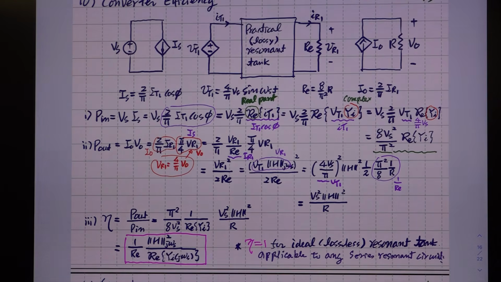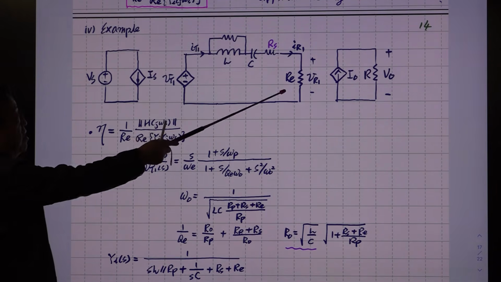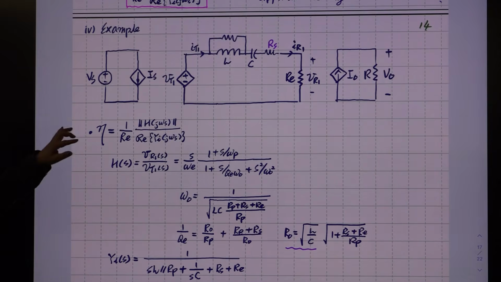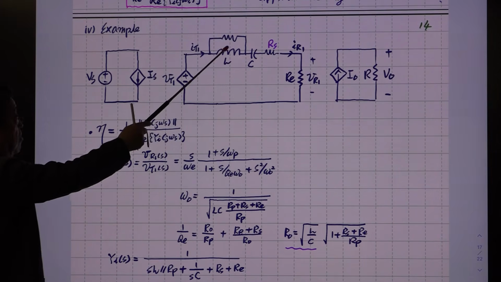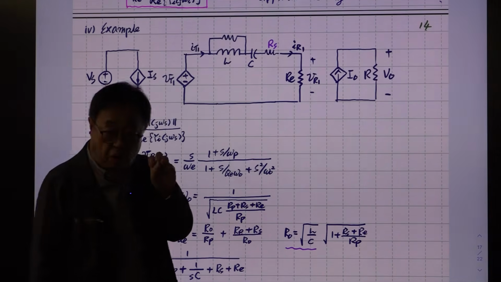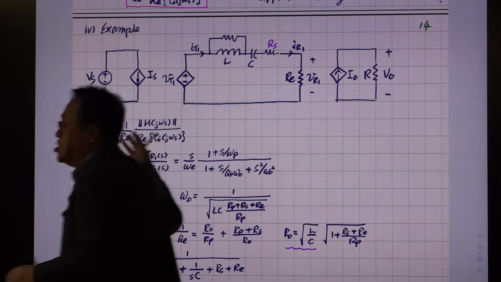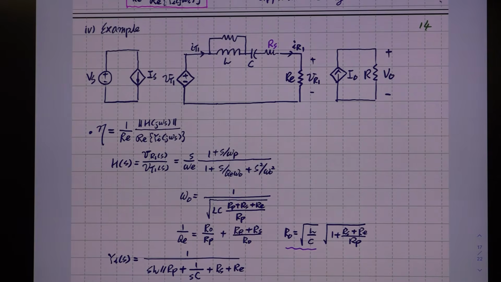Okay, let me show you one example. This is the AC model of a series resonant tank, but we have this L, C, R, and we have two parasitic resistances. We have a resistance RP in parallel with this L. This can be considered as the core loss of the core used in the inductor, typically core loss.